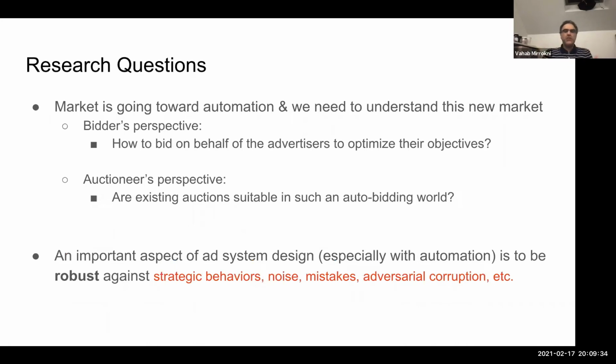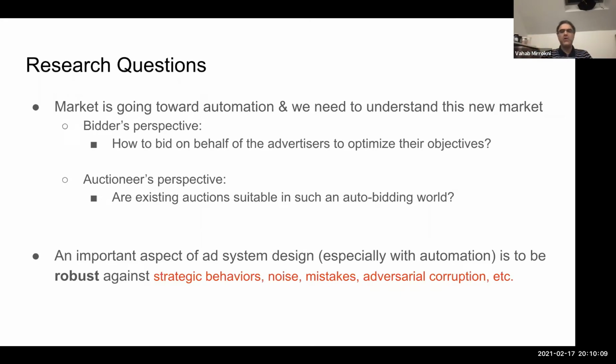So there are many research questions that show up as the market is moving more and more toward automation. The major questions are, from the bidders' perspective, what is the best bidding strategy? How can they optimize their bidding algorithms? From the auctioneer's perspective, there is a question of, as we move more and more to an auto bidding world, what types of auctions are more suitable, that serve everyone better, resulting in a better market and better welfare in the outcome.